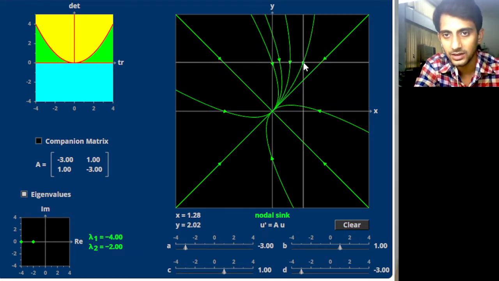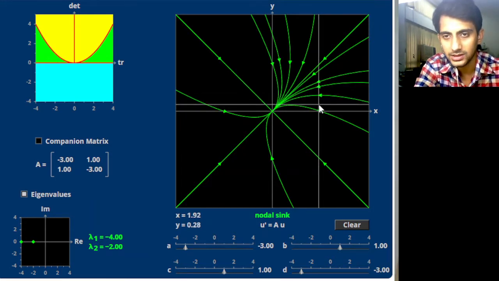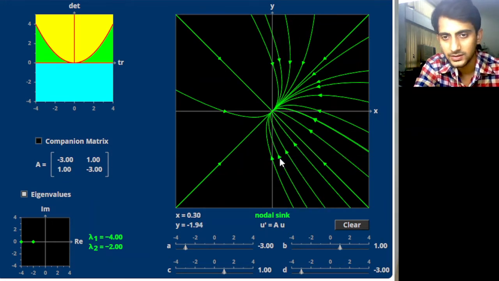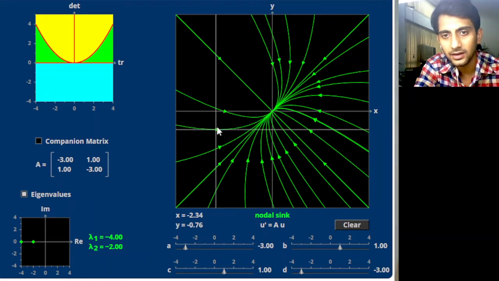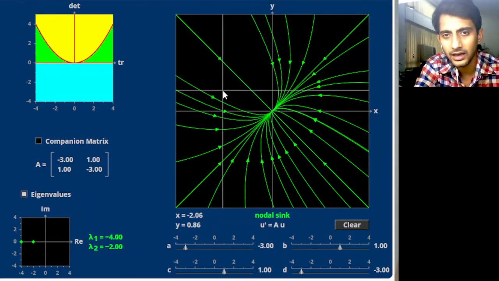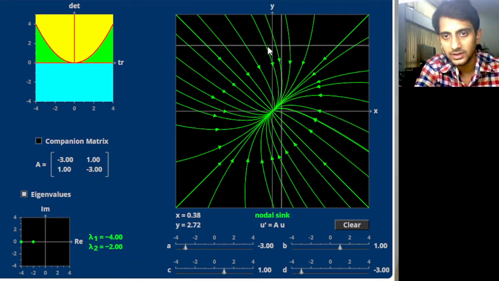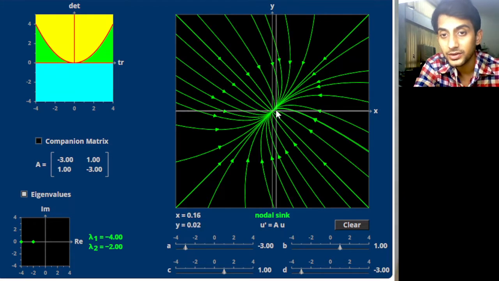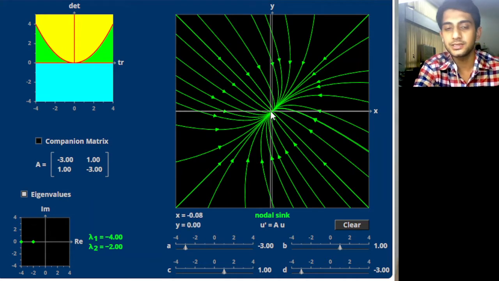Using your arrow, I can draw this. This one is from mathlet.org, some Stanford or MIT platform. But you can see that at any point I click, I get arrows which are towards the center. That's why we call this point a nodal sink, or stable. This system, represented by the matrix -3, 1, 1, -3, is a stable system.